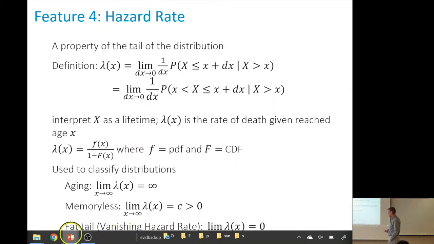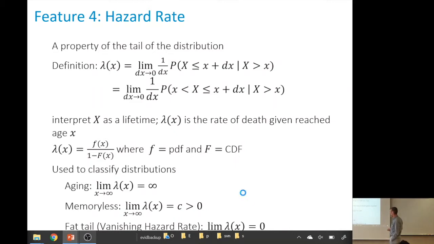Surprisingly, there are distributions that have the opposite, that have a vanishing hazard rate, which means that as x gets larger, this can go to 0. It's true for cancer cells, for example. Once they manage to survive, they will live forever, except if the body in which they live disappears.